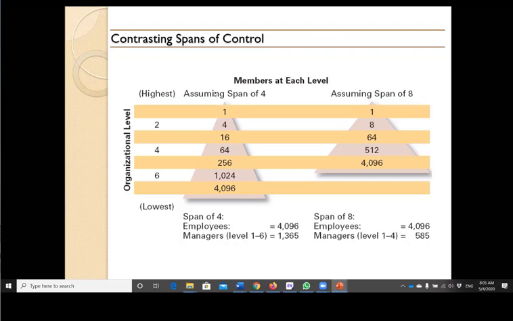If you have 4,096 employees at the lowest level, and with a span of control of 4, you will need 1,365 managers.